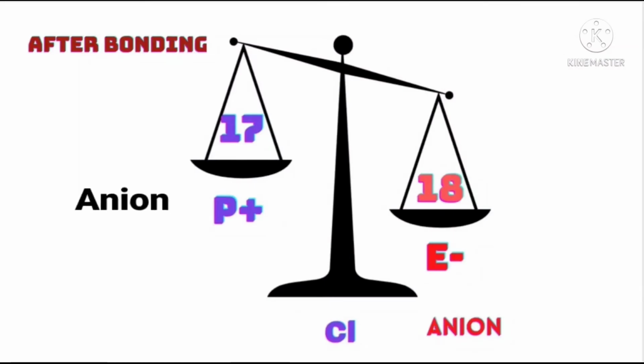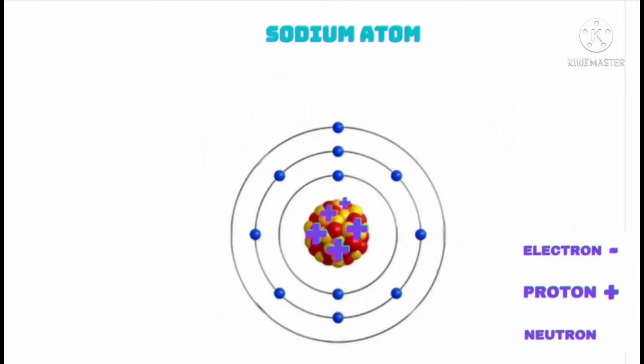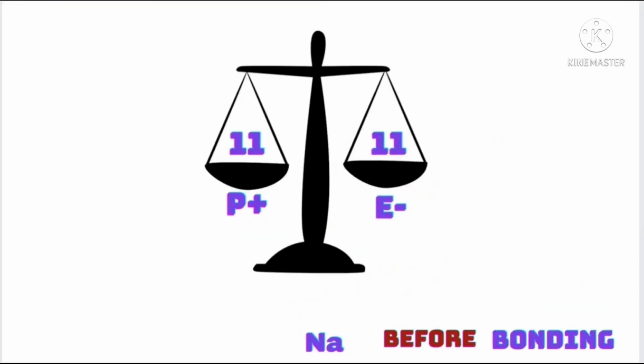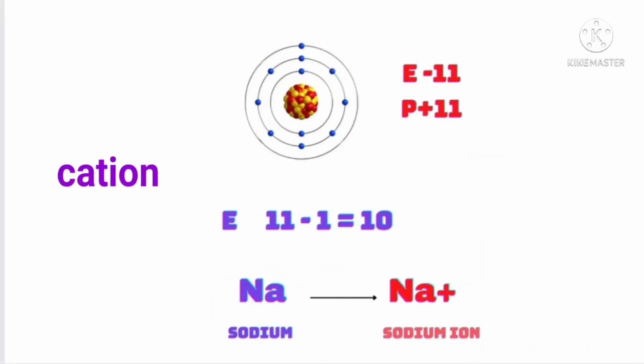That means more negatively charged electrons than positively charged protons, and it becomes an anion, the negatively charged chloride ion. Sodium also had 11 electrons and 11 protons before bonding, but after giving away one electron to chlorine, its total electron number has become 10 electrons and 11 protons. That means more positively charged protons than negatively charged electrons, and sodium has become a cation.